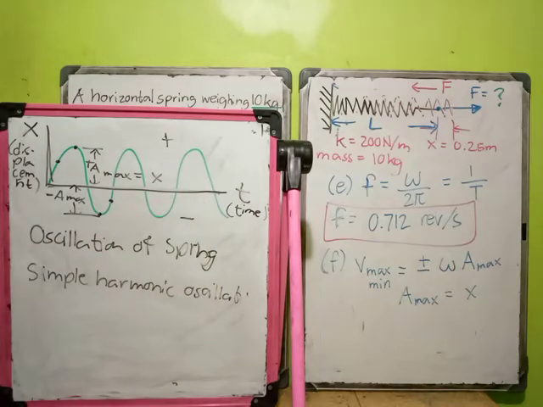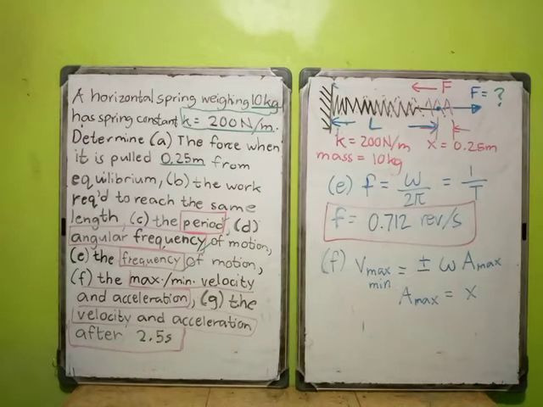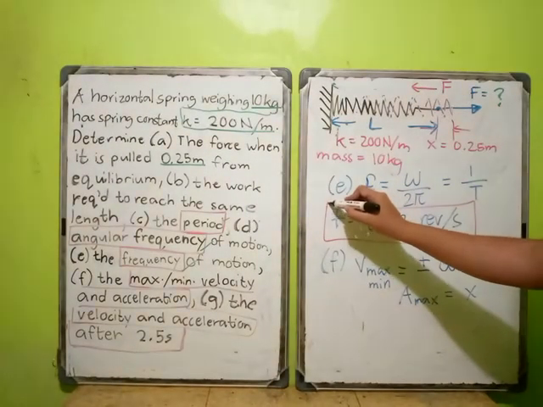So kaya yung maximum velocity is positive at saka yung minimum velocity is negative. But somehow they have the same answer. They have the same absolute value, but somehow they have different sign. Kaya ganon, okay? So that's just a little review from the previous video.